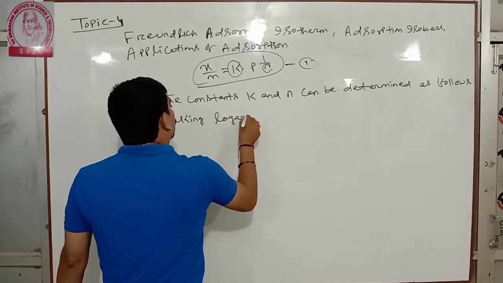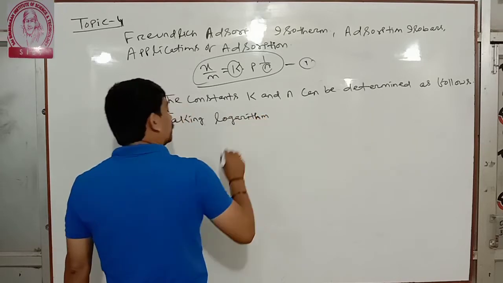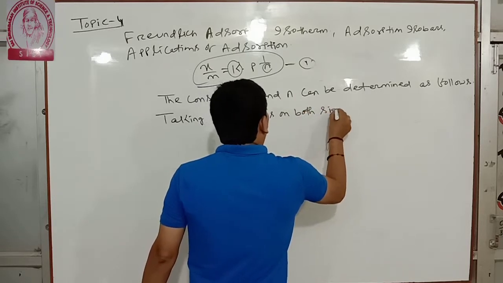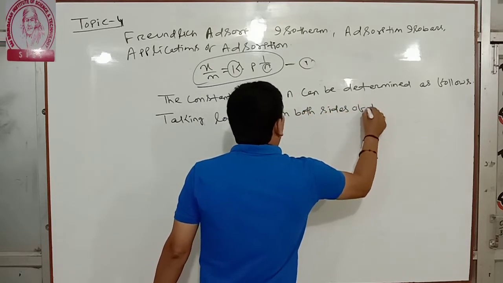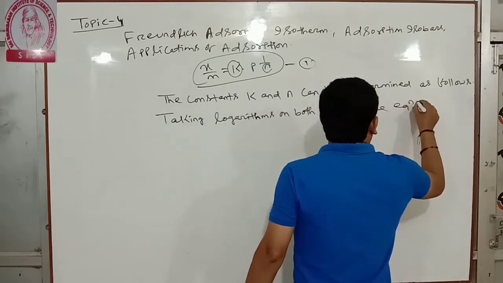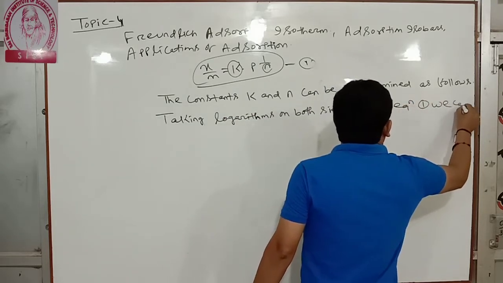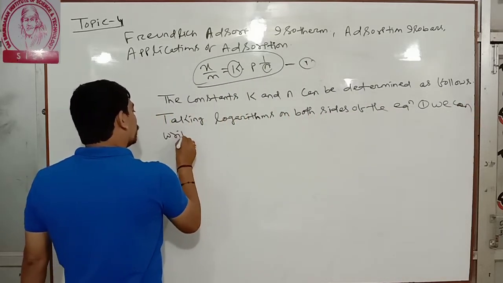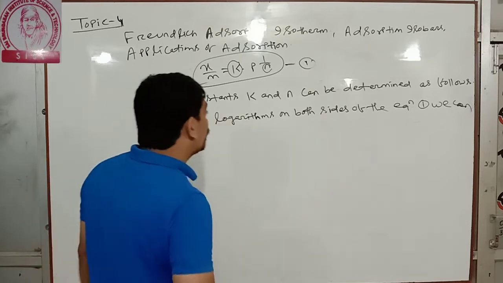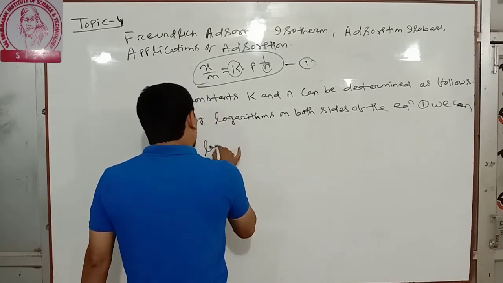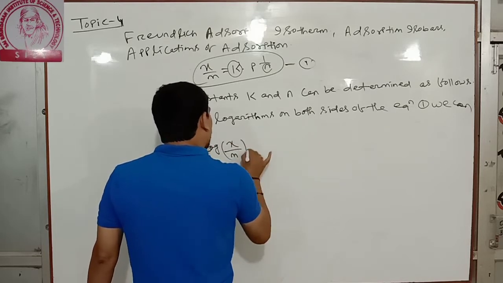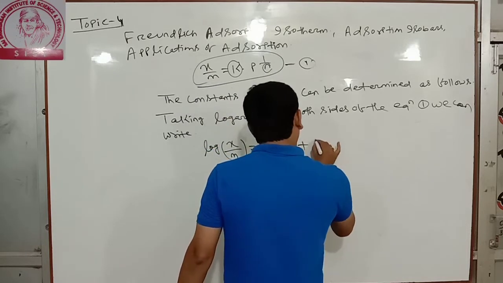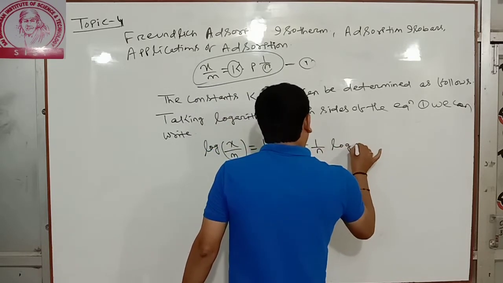Taking logarithm on both sides of equation 1, we can write log x by m equal to log k plus 1 by n log p.